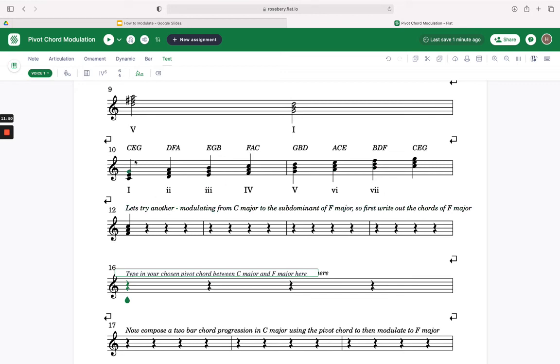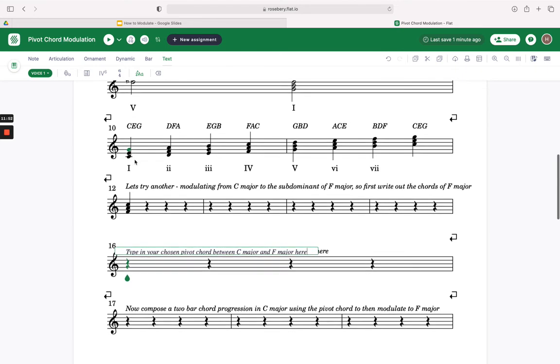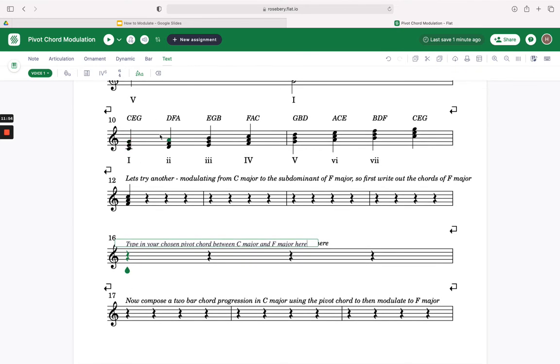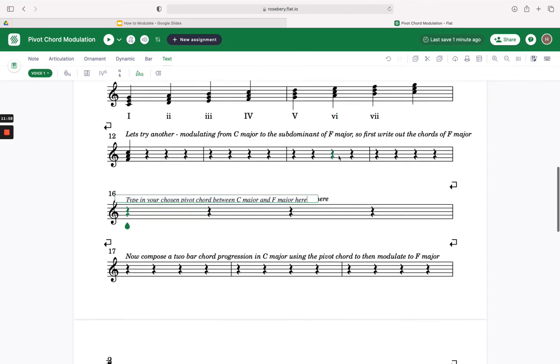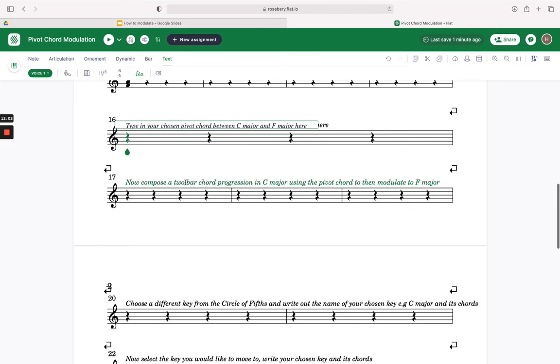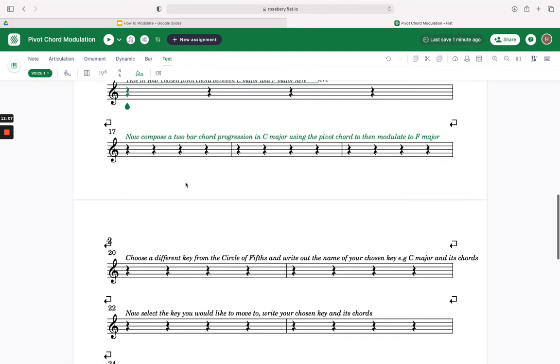Try and focus on your primary chords with the occasional use of 2 maybe and 6. Okay, so have a go at composing this progression in C major and modulating to F major.